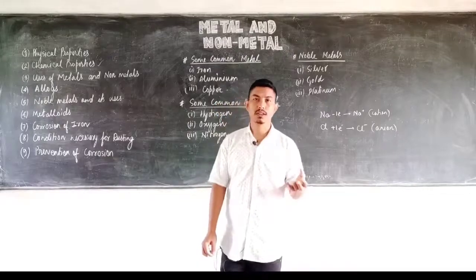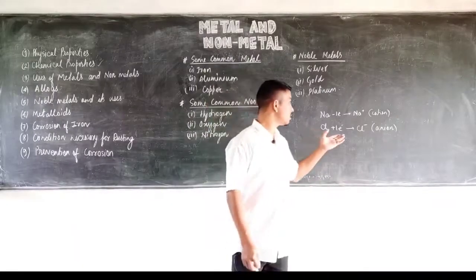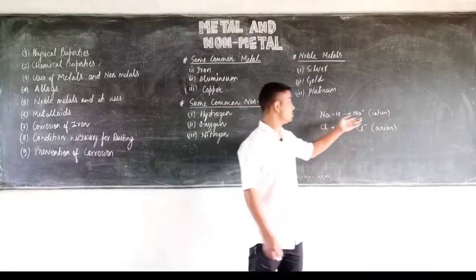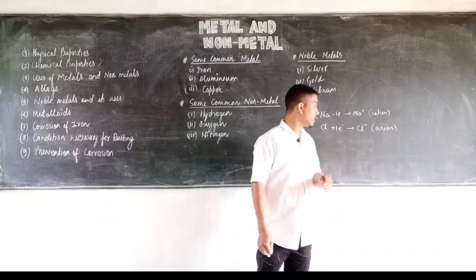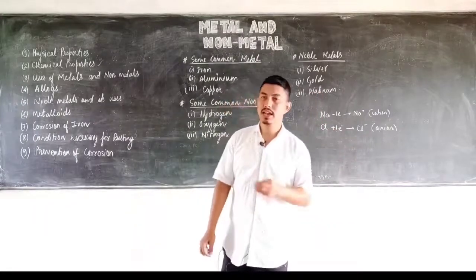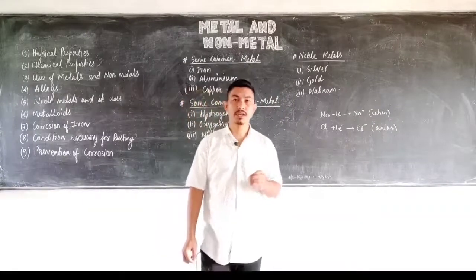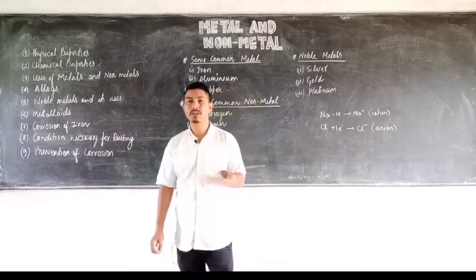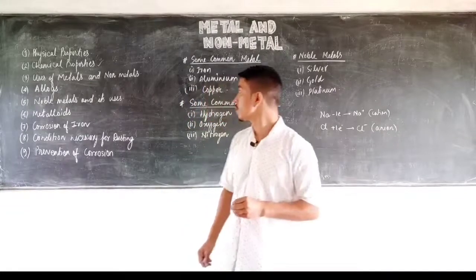You can write that metals after donating an electron form a positively charged ion, known as a cation, and non-metals after gaining an electron become a negatively charged particle, known as an anion. There are also many other chemical properties of metals and non-metals, which you can go through in detail from your book.